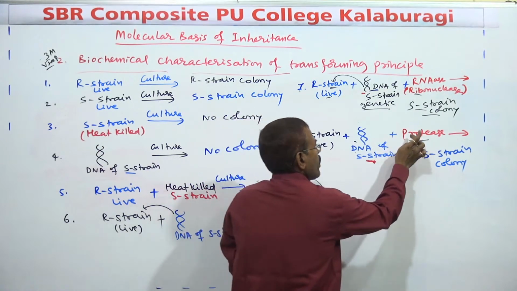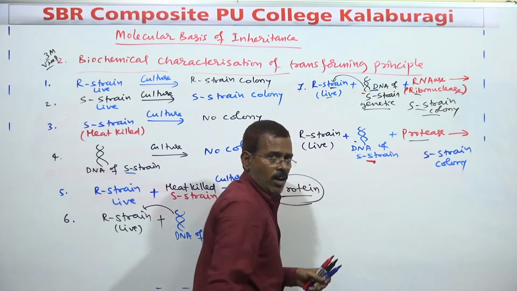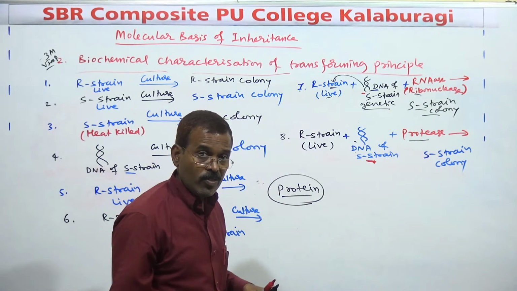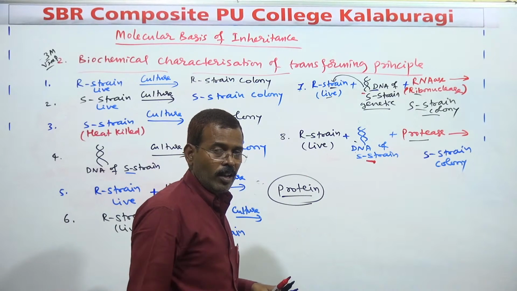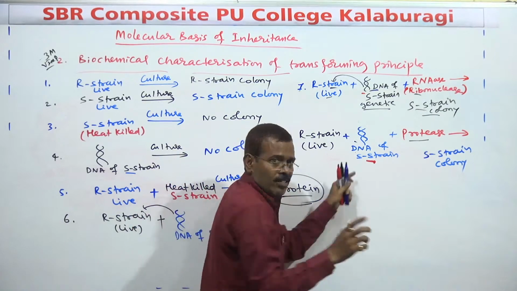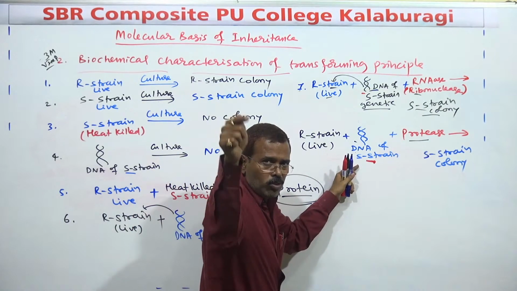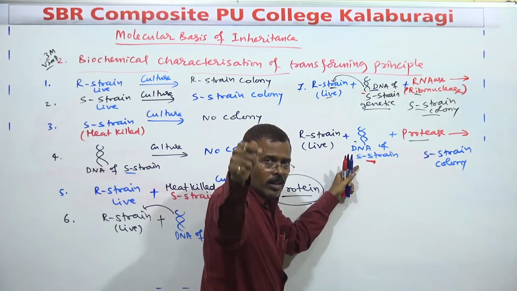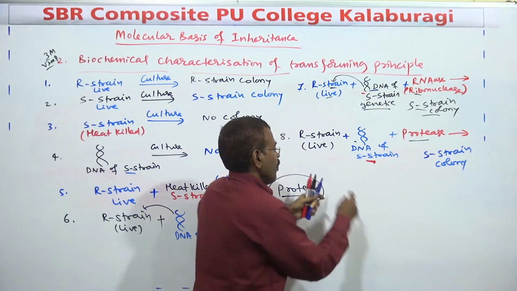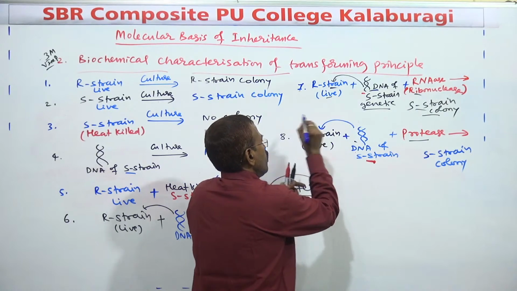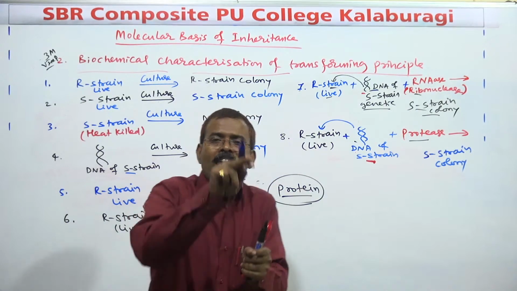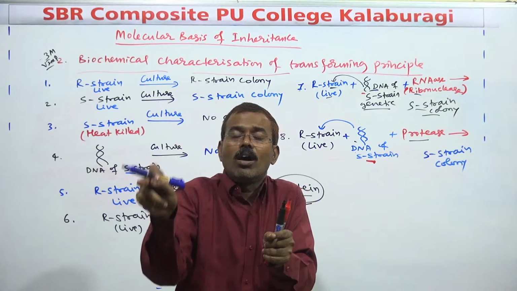So protease could not digest the DNA of the smooth strain, the genetic material of the smooth strain. As it remained intact, it entered into our strain and combined with the genetic material of our strain.